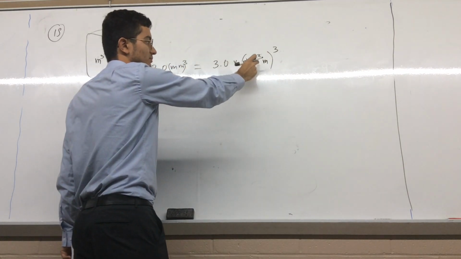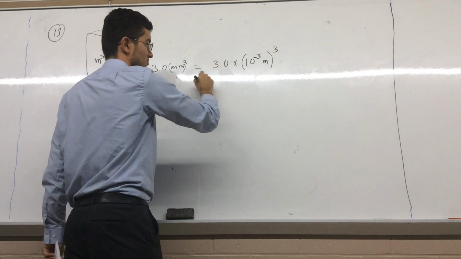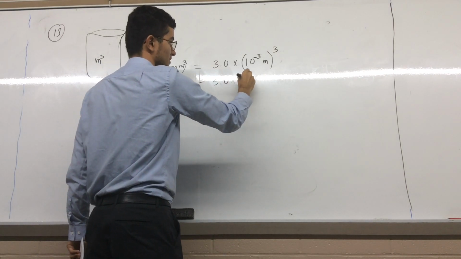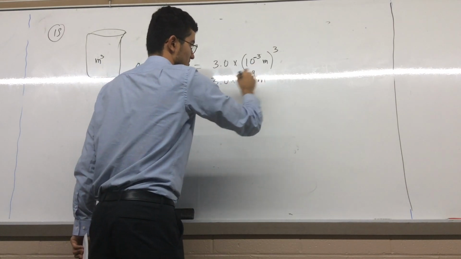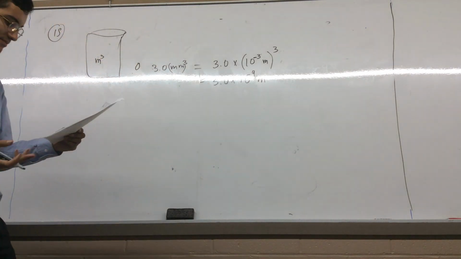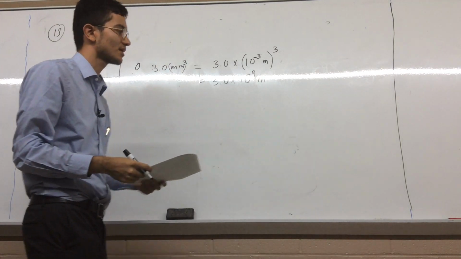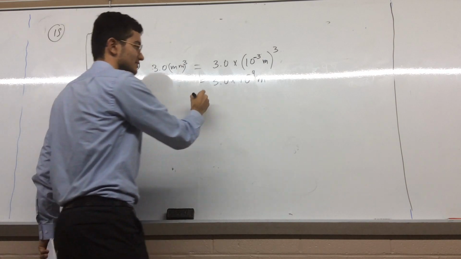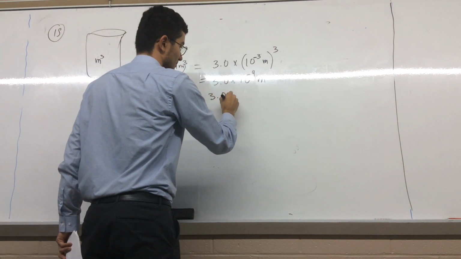Now if we cube this, we just multiply the exponents. So that should give us 3.0 times 10 to the negative 9 meters cubed. So that should be the answer. That's D for this question. And if you want to be fancy, this is basically 3.0 nanometers.